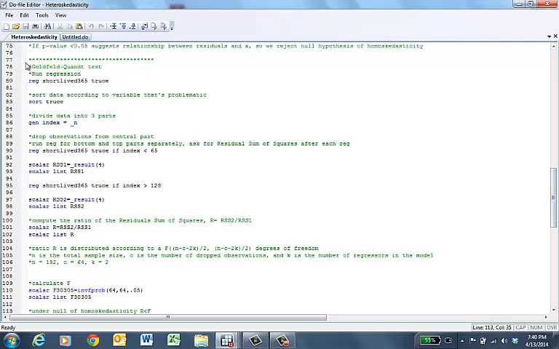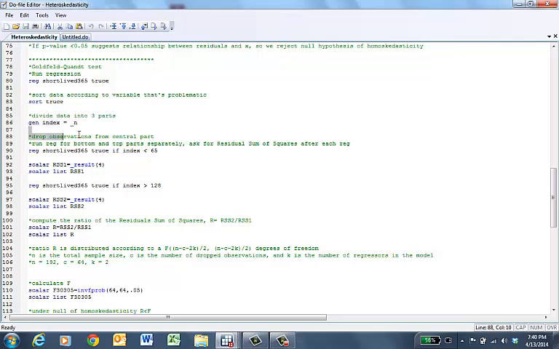So now I'll walk you through this. So we run our regression. We sort the data according to truth, which is our source of heteroskedasticity in the model potentially. Then we divide the data into 3 parts by creating an index. So this just numbers every observation in our data.